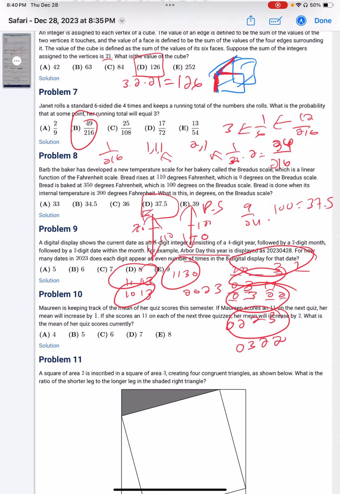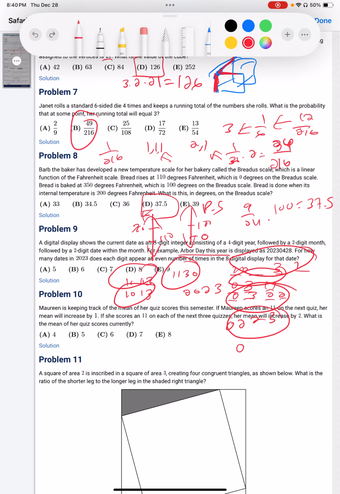Sorry, not making sense. So, okay. There we go. Let's see. So we can have the 11? No, that's wrong. Kind of annoying here.